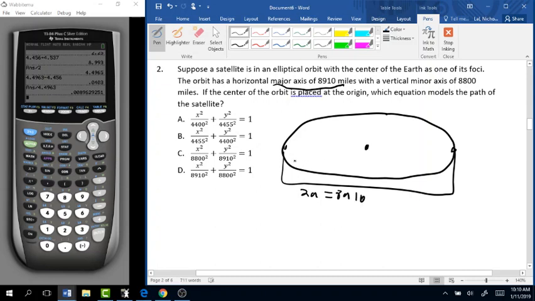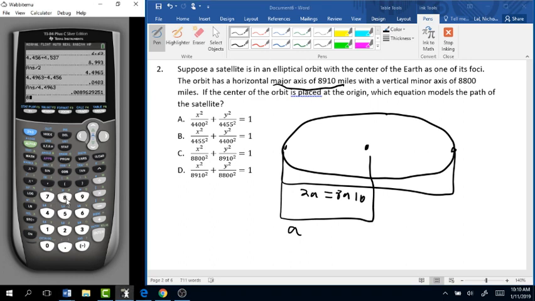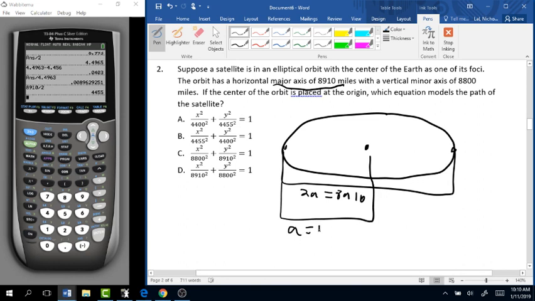And if 2A equals 8910, then A is equal to 8910 divided by 2. So A is equal to 4,455. We have a vertical minor axis of 8,800.